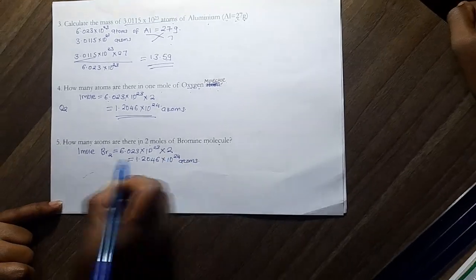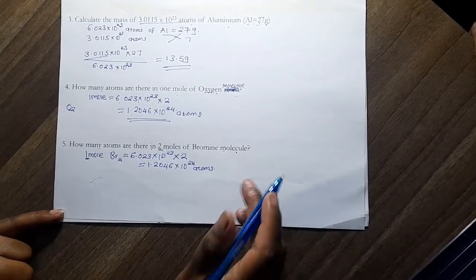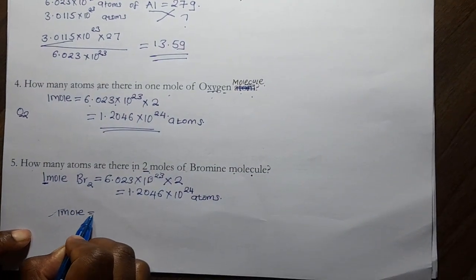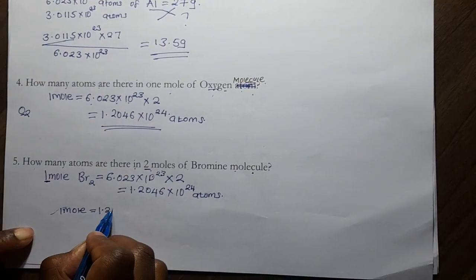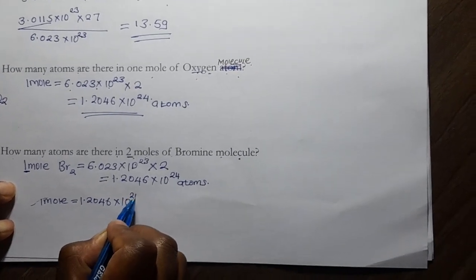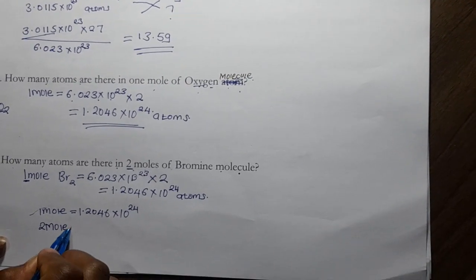So this is equivalent to 1 mole, but here we are being asked about 2 moles. So if 1 mole is equal to 1.2046 times 10 raised to the power 24, what about 2 moles?